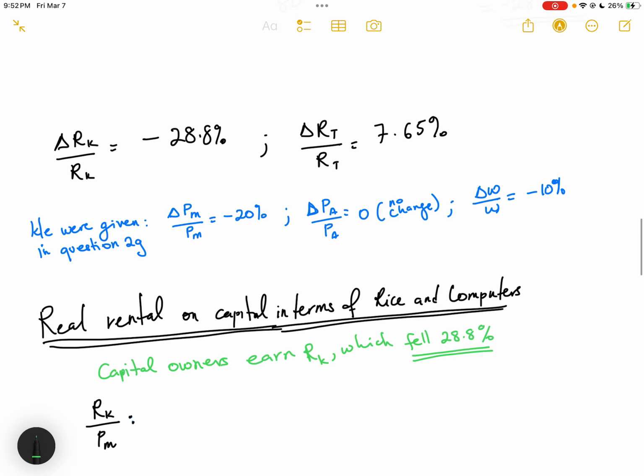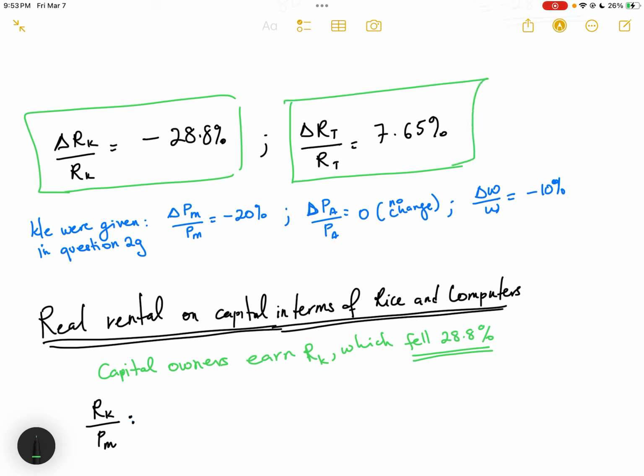Given that we just calculated our rental on capital as negative 28.8% and the rental on land as 7.65%. Now, remember, we were given in question 2G that percentage change in price of computers fell by 20%. There was no change in the price of rice, and the percentage change in wage was negative 10%.